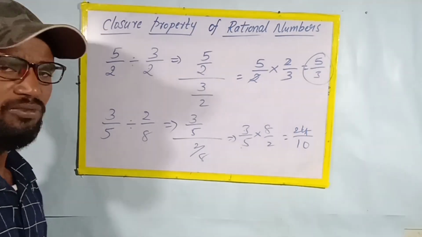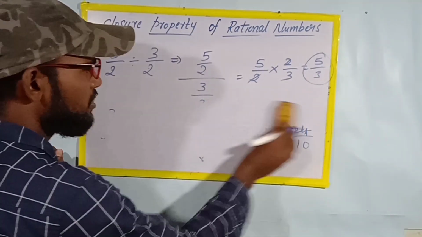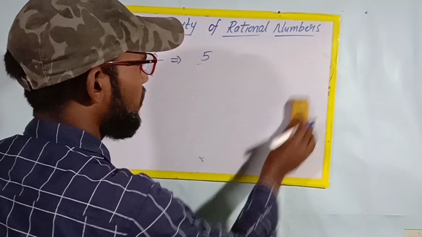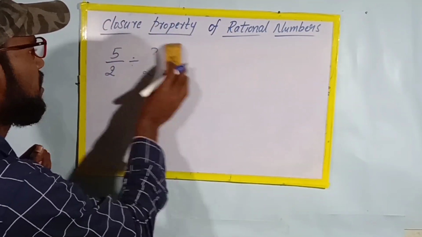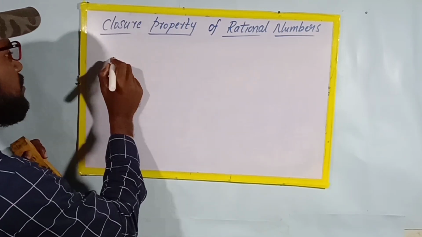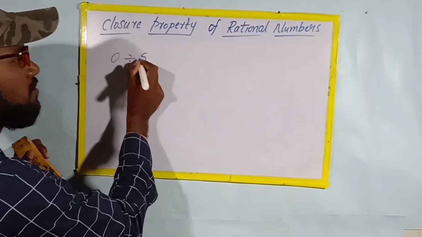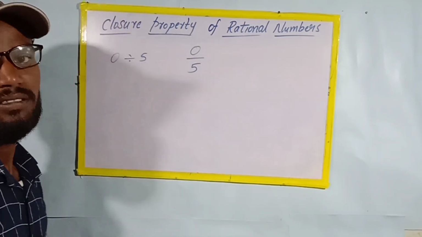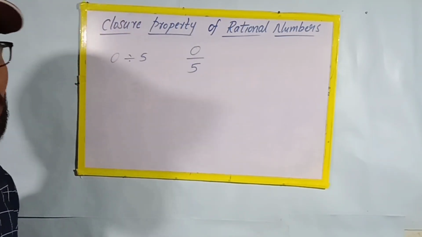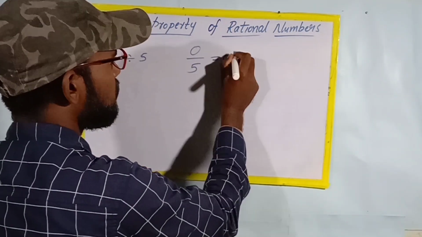So like this, take one more example. Check whether the rational numbers are closed under division or not. So now 0 divided by 5. See here, 0 by 5. Can we define 0 by 5 is equal to 0?